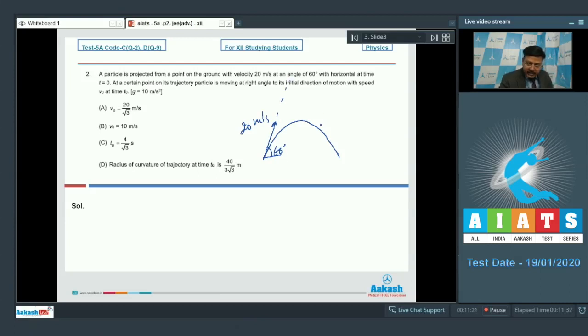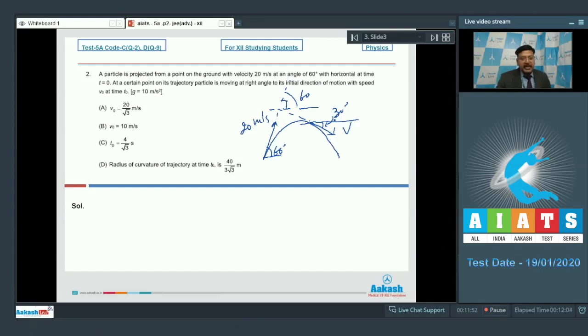And at some point, the velocity has become perpendicular to this velocity. Let's say at this point, and this angle, that means is 90 degree. This is velocity v. Let's draw a horizontal line through this point. We can see that this angle is 60 degree and this angle is also 60 degree. This angle will be then 30 degree. This angle is 30 degree.